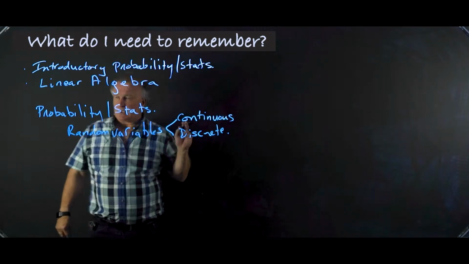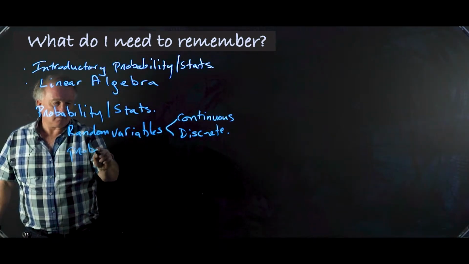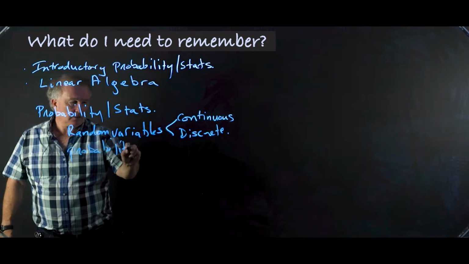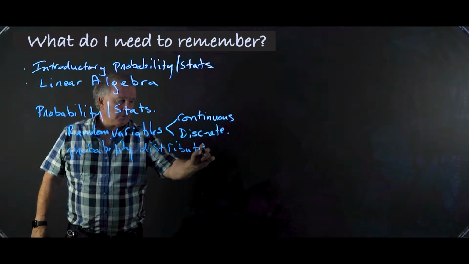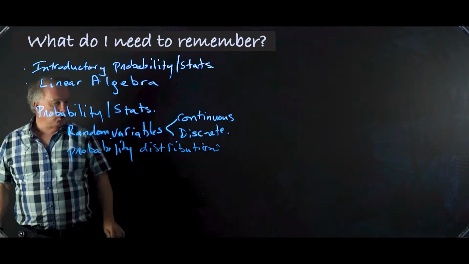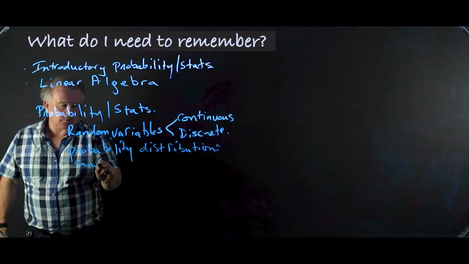Second thing is you need to know about probability distributions. And remember, these can be continuous or discrete. We need to know about sampling and sample random variables.